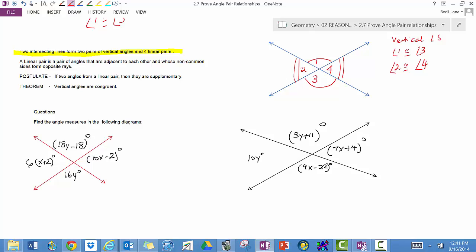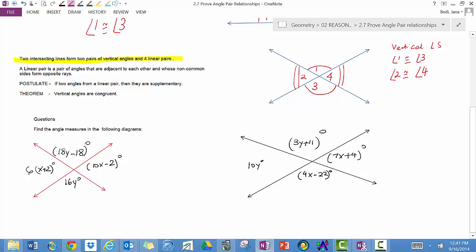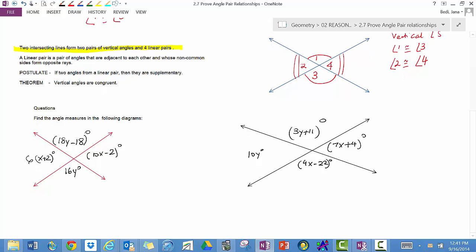In this sketch, there are four linear pairs, and the linear pairs are angle 1, angle 4, angle 1, angle 2, angle 3, angle 4, and angle 3, angle 2.